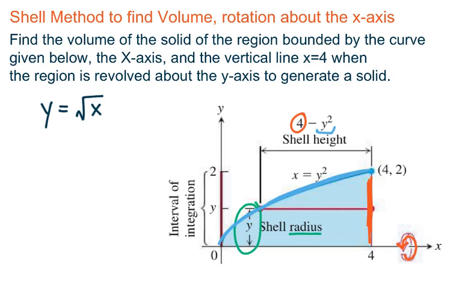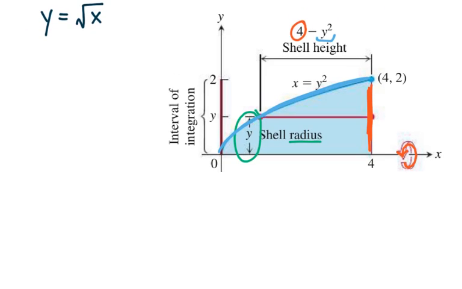So the way I would set this up is I would say that my volume is some integral from c to d. We've got 2 pi, the shell radius, which in terms of y is y, times the shell height.